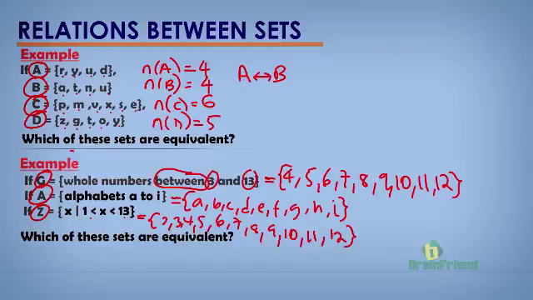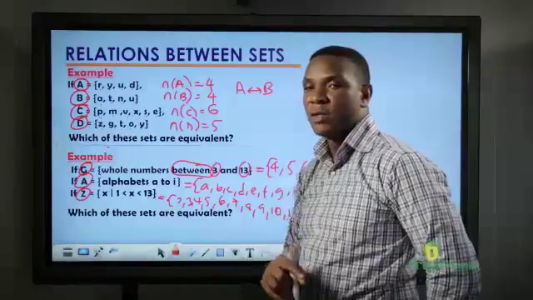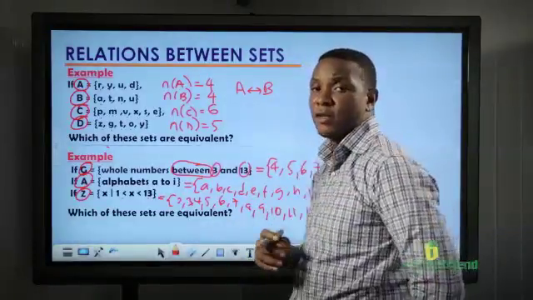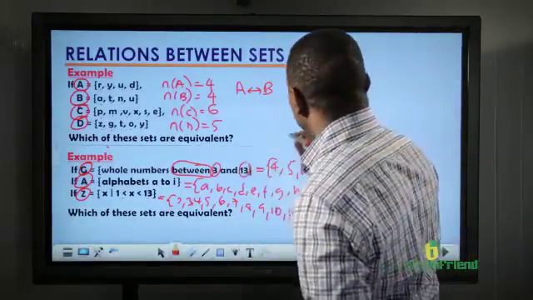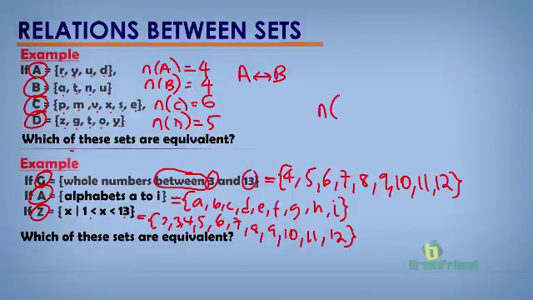So quickly, we do a count of the number of elements in each of our given sets. The cardinality of G, which is the count of the unique elements within our set G, is 1, 2, 3, 4, 5, 6, 7, 8, 9. The cardinality of our set A is 1, 2, 3, 4, 5, 6, 7, 8, 9.